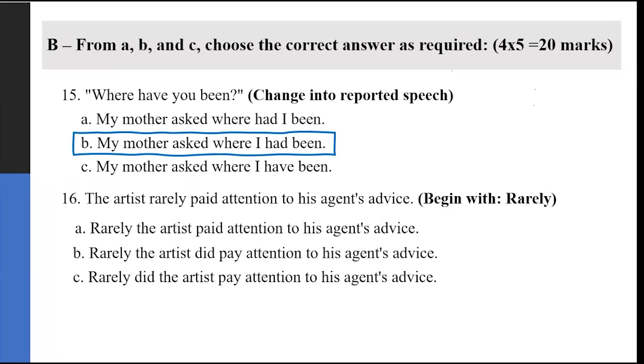Rarely, will never, no sooner, hardly: these are all inverted words or negative words. We said that for inversion, we have to follow a specific form. We have to start with the inverted word or the negative word, and then we have to put an auxiliary verb. Then comes the subject, and the verb follows. So guys, what do you think is the correct answer? A, B, or C?